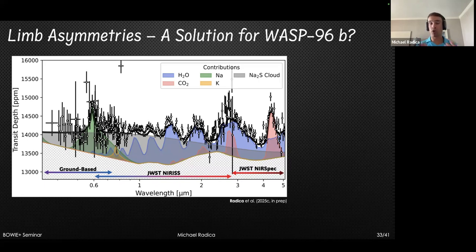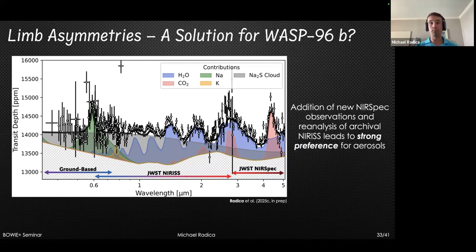All of our models require some sort of aerosol, be it a cloud or a haze, we can't quite say, and cloud-free models just are not able to fit the combined transmission spectrum for this planet. We can't say whether it's a haze or a cloud, because ultimately what we see is just an aerosol slope.